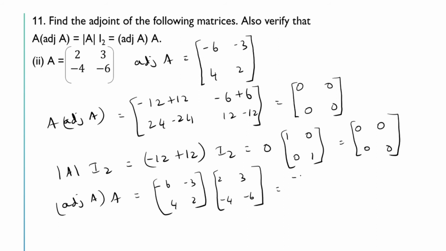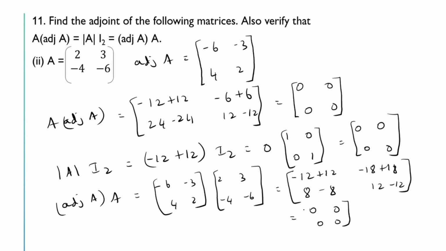So it is minus 12 plus 12, minus 18 plus 18, 8 minus 8, and 12 minus 12. So this is also equal to 0, 0, 0, 0. Therefore, A into adjoint of A equals determinant of A into I2 equals adjoint of A into A.